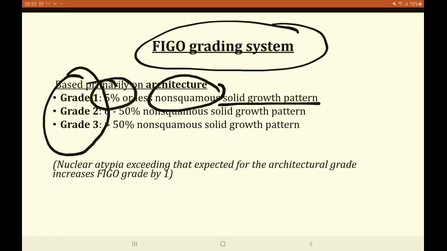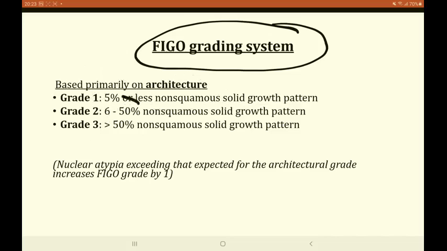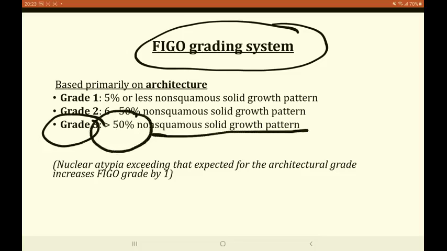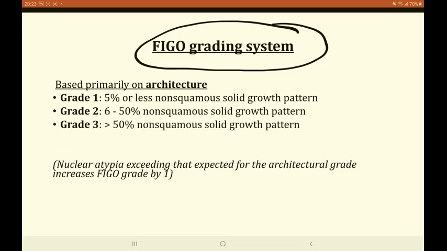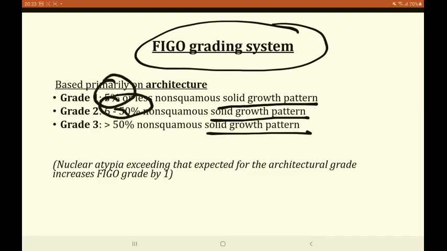If it is more than 5% but not more than 50% non-squamous solid growth, we call it grade 2. Grade 3 is when the non-squamous solid growth pattern is more than 50%. So the FIGO grading system is about the solid growth pattern: areas lesser than 5%, 6 to 50%, and more than 50%.